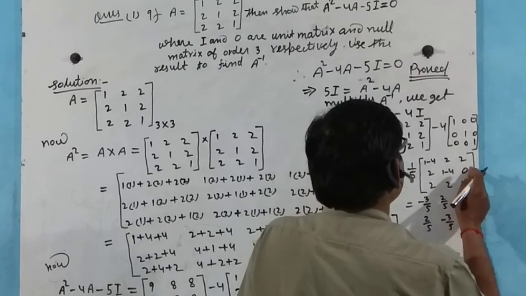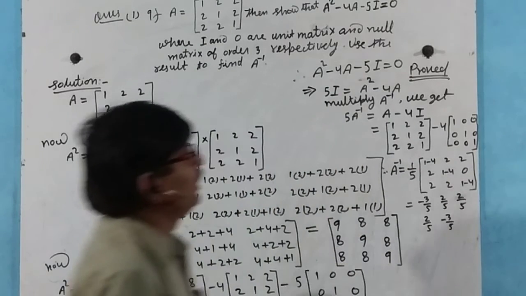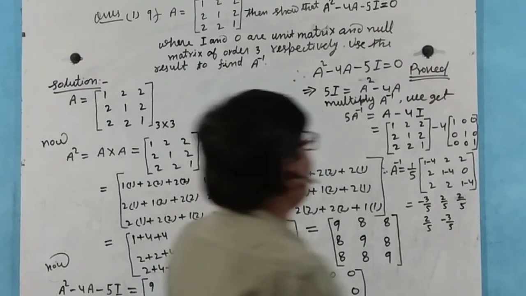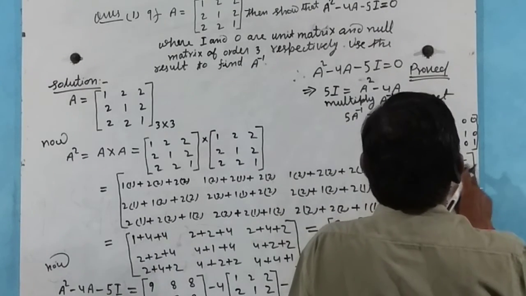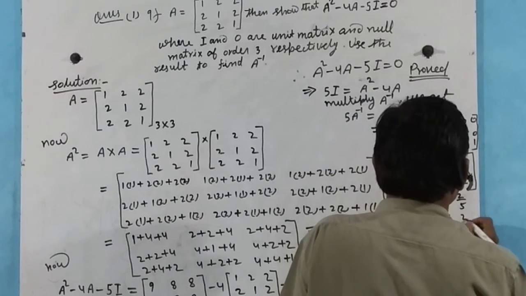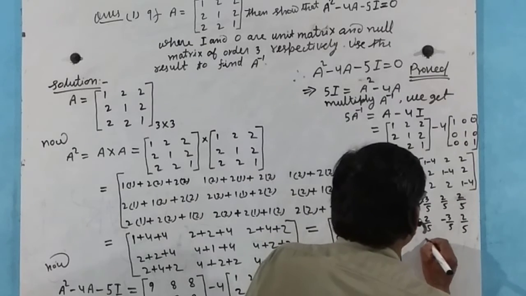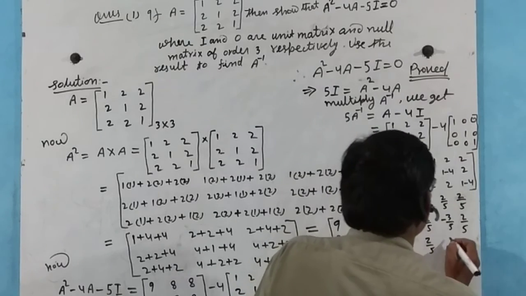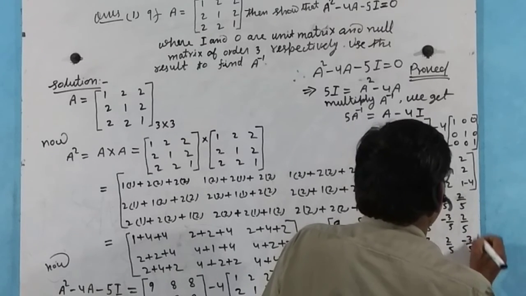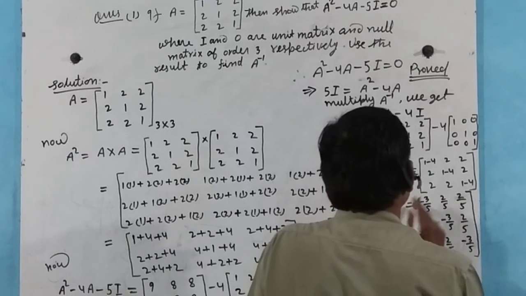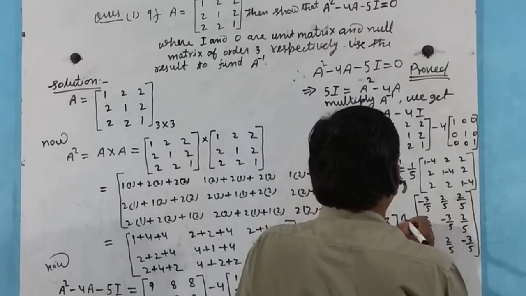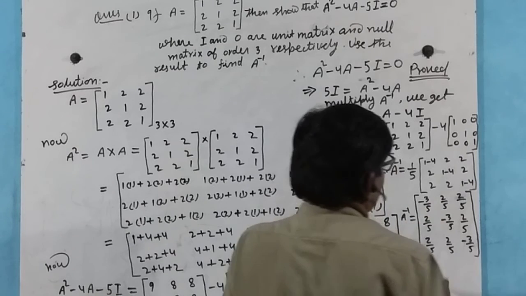This is the matrix of A inverse equal to this.